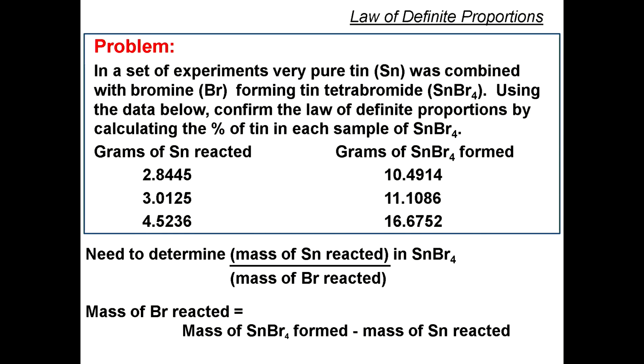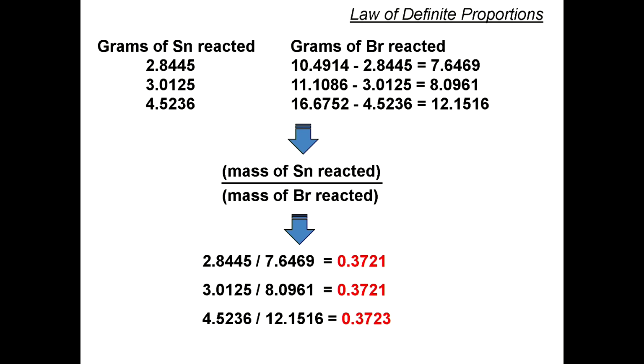So the grams of tin is this number, the grams of bromine reacted is this number. Okay, so the ratio of tin and bromine will be this number divided by this number.